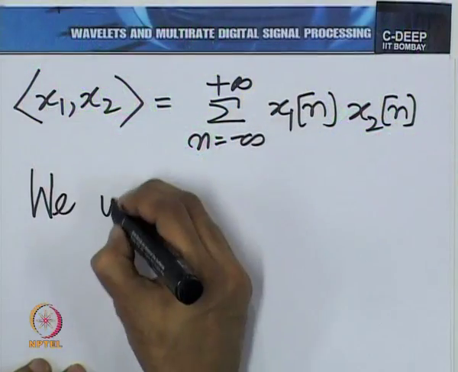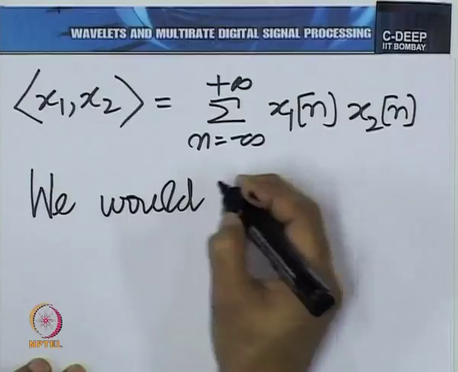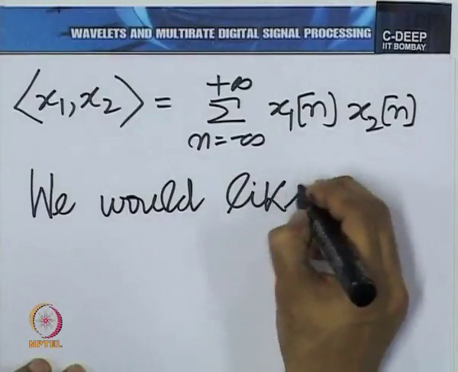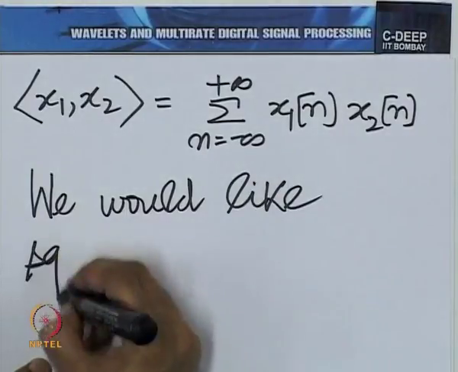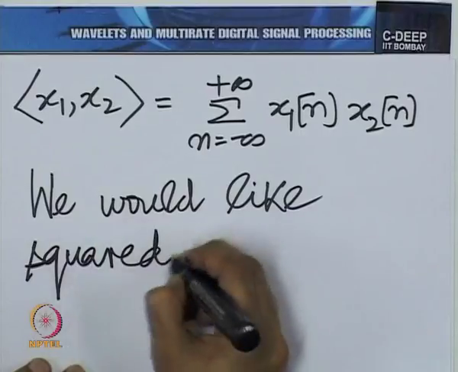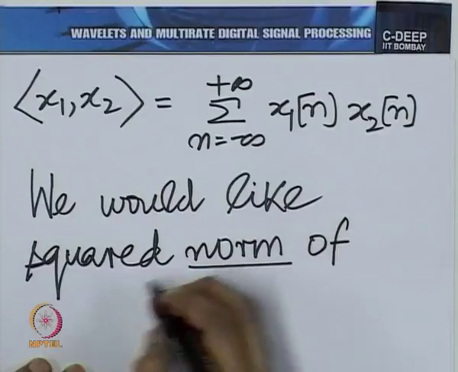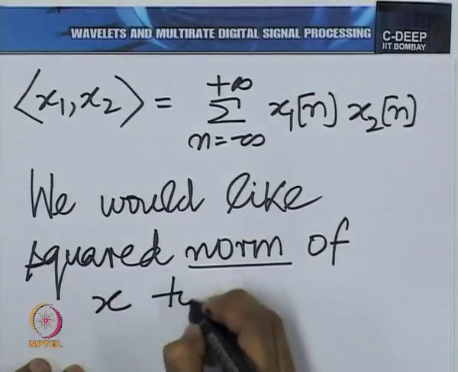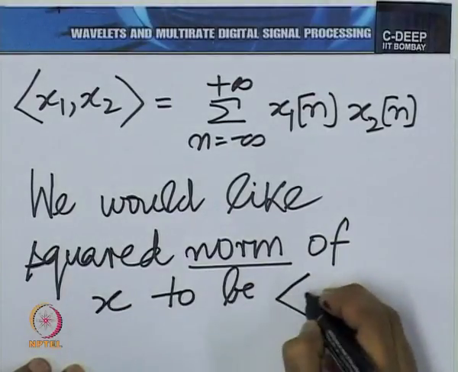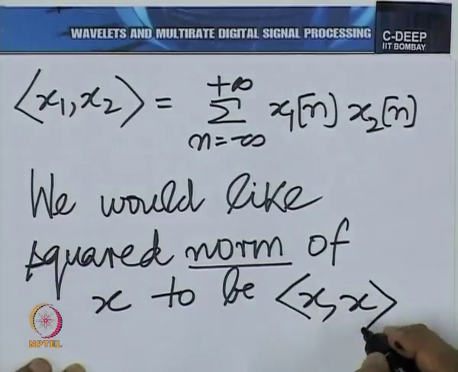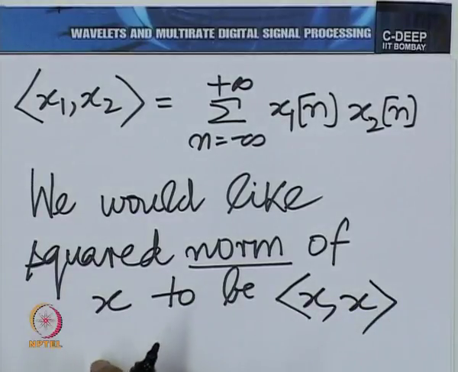So, we say that we would like the squared norm of x to be the dot product of x with x, as is the case with vectors.